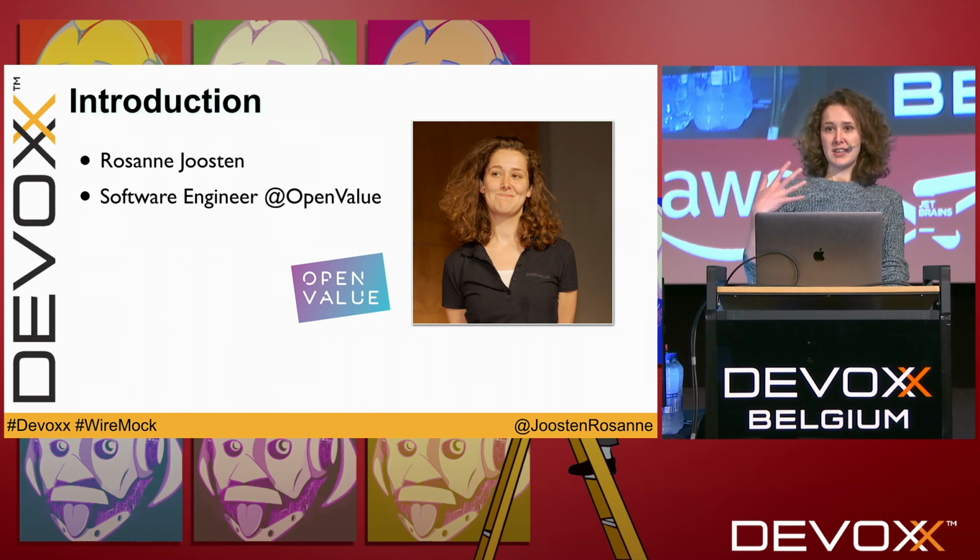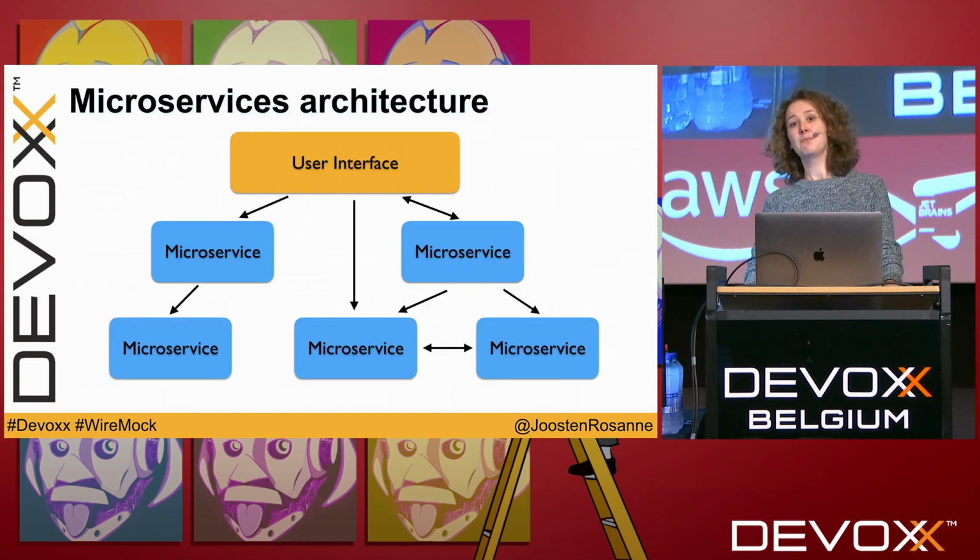So, Wiremock, as the title of my talk says, is a buddy for your microservice when you want to test it. And when we're talking about a microservice architecture, it could look something like this, right? We have one application that has, for example, one user interface and multiple microservices that handle that application.